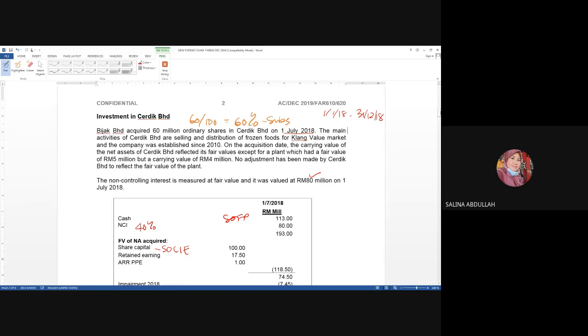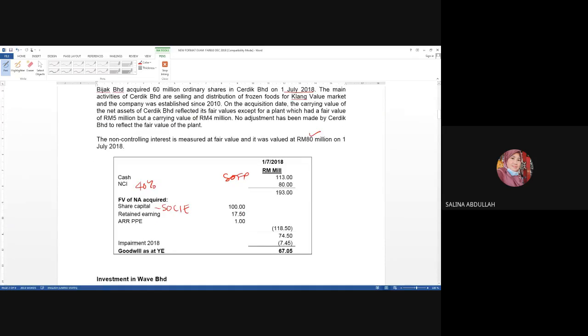So when you calculate retained profit, share capital is 100. Retained profit here consists of two parts: retained profit brought down 20, and profit for the year. The profit for the year will be 6 over 12, half of 5, but this 5 is negative. So this is 2.5 million.